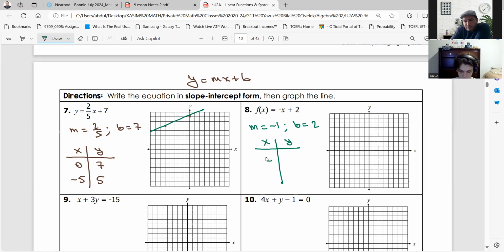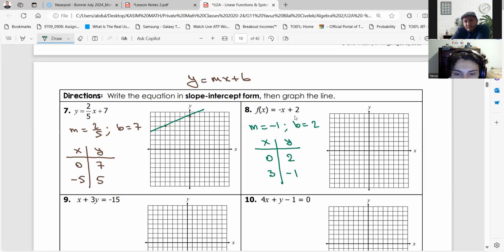So y-intercept 2 means that, again, here we have x and y. If x equals 0, y is equal to 2. Tell me any other number. For example, let's say if x equals 3, what is the value of y? Because here we have minus x plus 2, right?